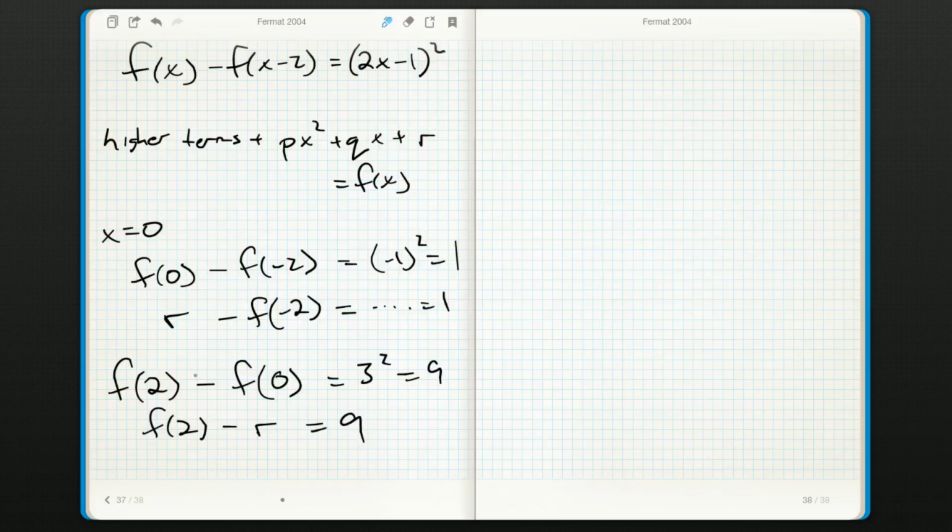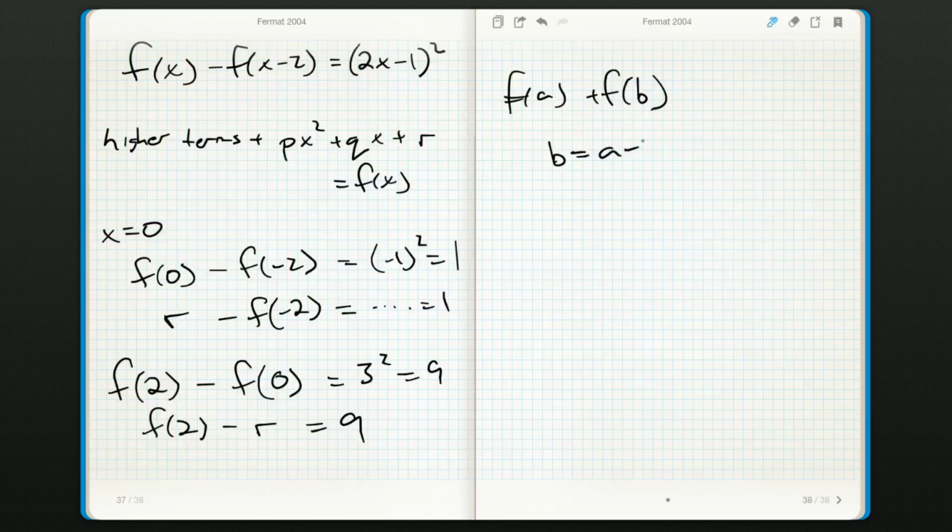but using different numbers? So what I'd like is maybe to have f of a and then f of b by plugging in different x values. So, b is a minus 2, but then plug in b and then have a be b minus 2.